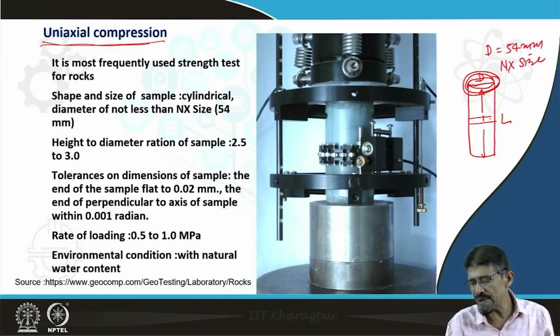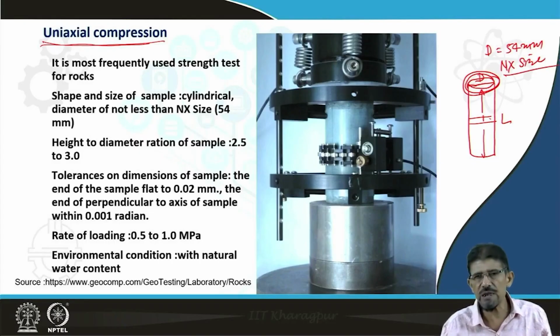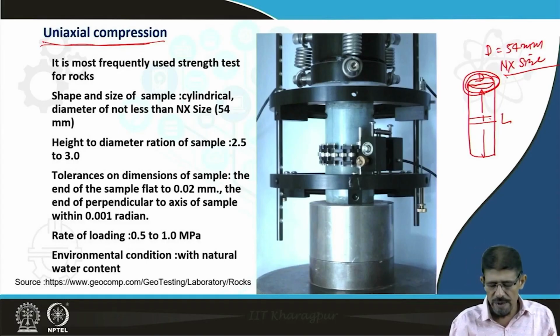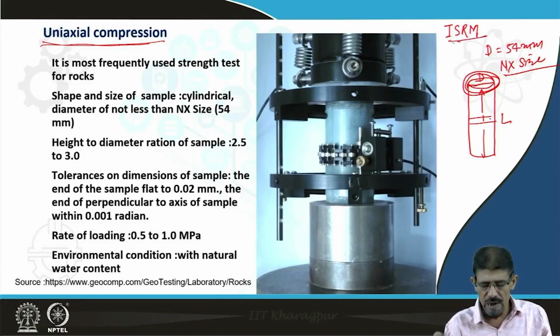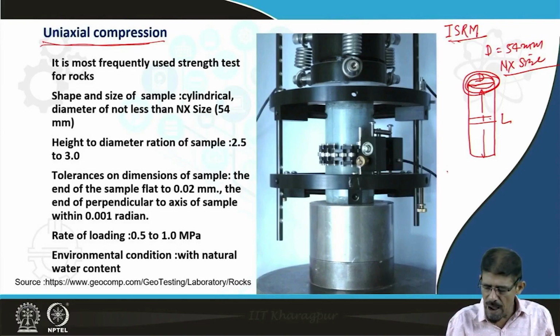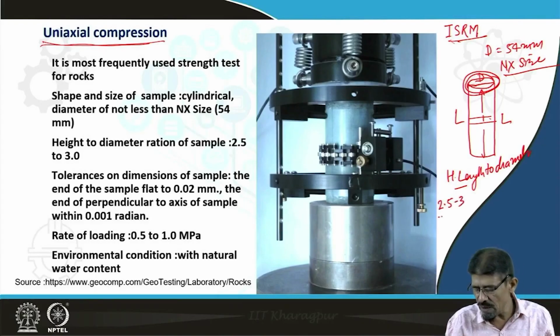We have different sizes; time to time we will discuss NX size, BX size, EX size, etc. Here, as per the International Society for Rock Mechanics recommendation, we are considering the ratio of height, meaning length to diameter, L by D, as 2.5 to 3, not beyond 3.